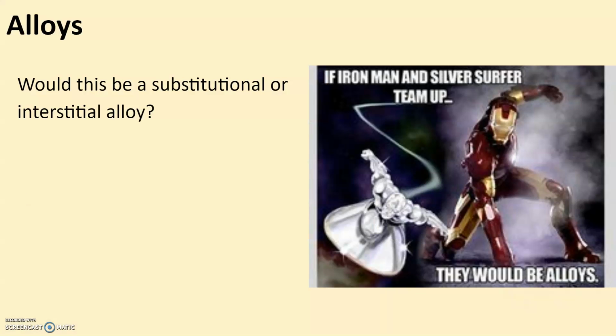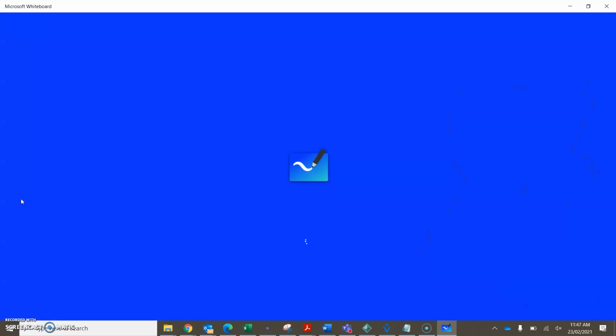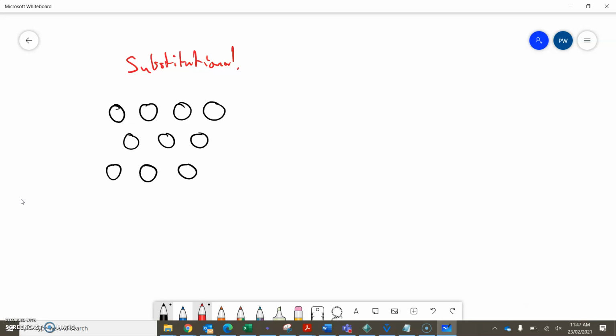So let's open up a whiteboard. So substitutional alloy. So let's consider, here's my metallic lattice.